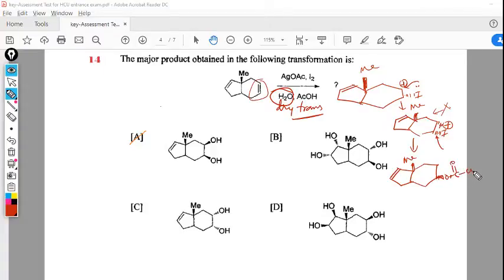And this is I. Okay. Now H2O will attack onto this, and this bond will go and attack, and this will eliminate.